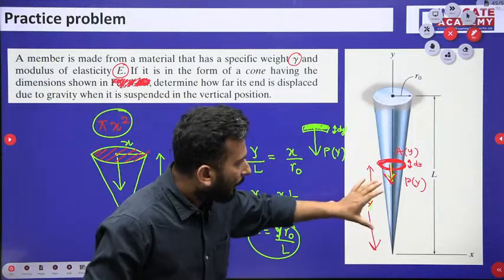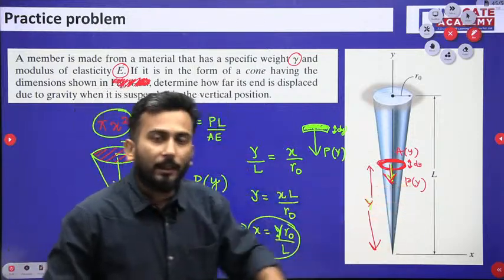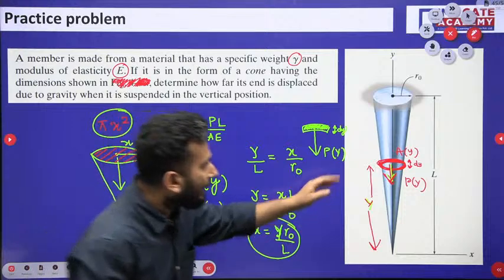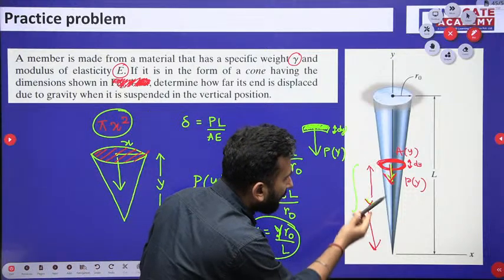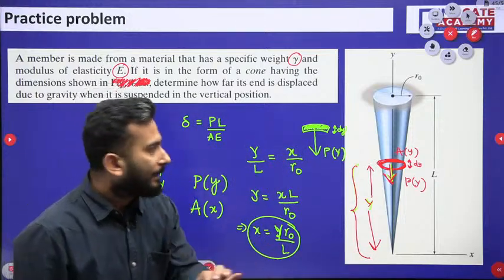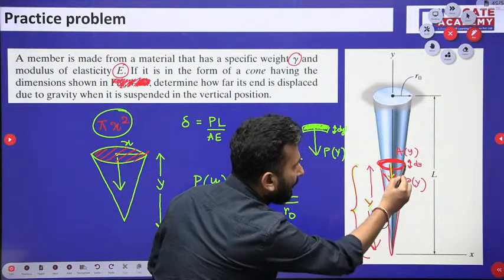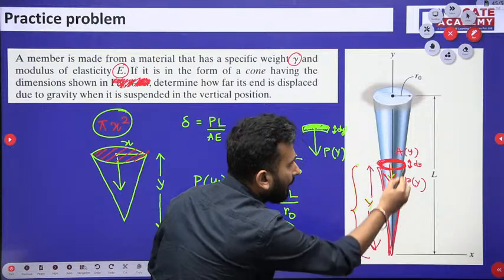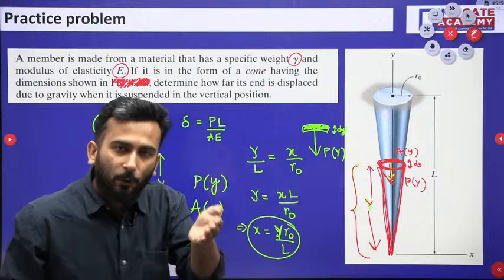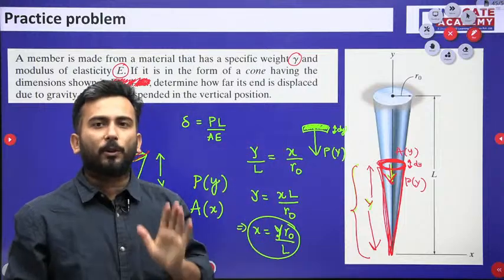For weight, now see very clearly, you want to find the external load on this element. Now what is the external load? The weight which is applied by this entire small cone, the weight of this cone below the section, that weight is the pulling force.